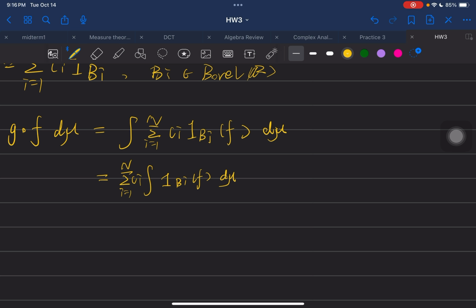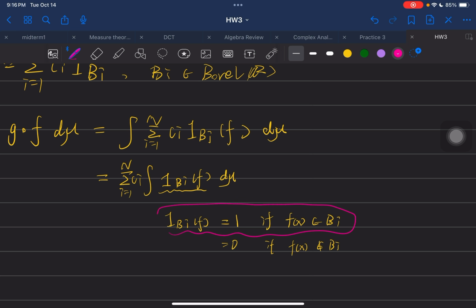Essentially the indicator function would equal 1 if f(x) is in B_i, and it would equal 0 if f(x) is not in B_i, which could help us simplify the expression, because essentially we only care about where the function values don't vanish.